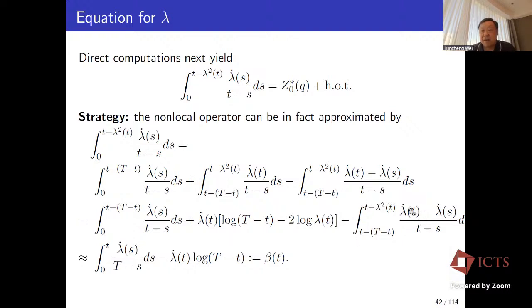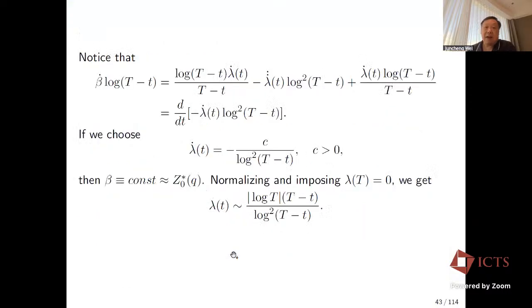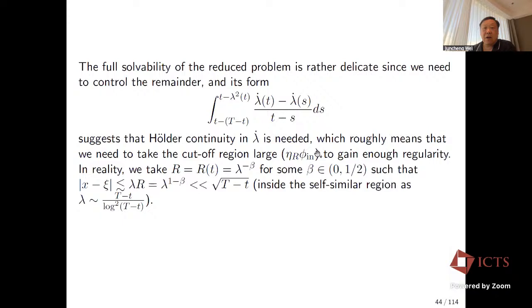This is the term that will be a small term, but you lose the regularity. So the needed main terms will be these two terms, and for these two terms we found there's an ODE to solve, and we found lambda is like T minus t over log square. So what about this term?